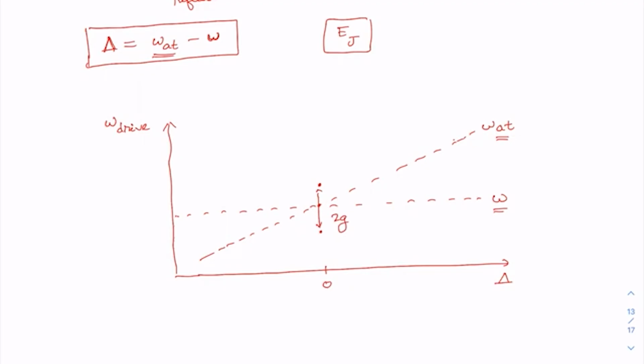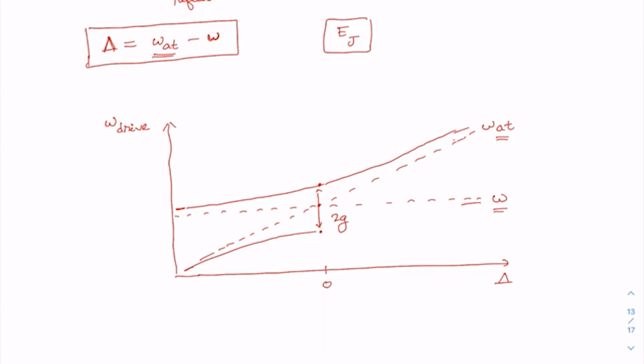Now when the coupling is there, when z is not equal to 0, these energy levels no longer cross. We have these bare energy levels here, and we encounter what is called avoided crossing.